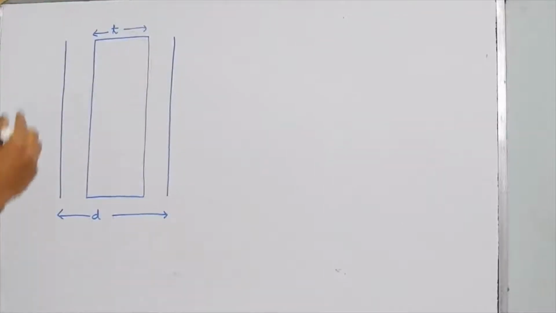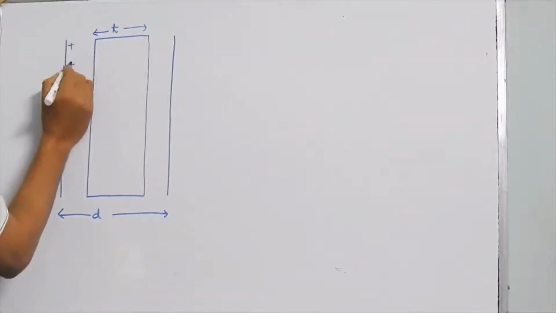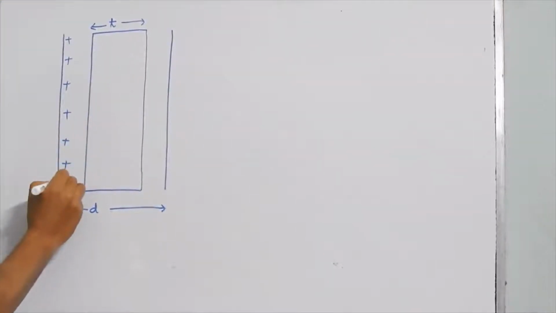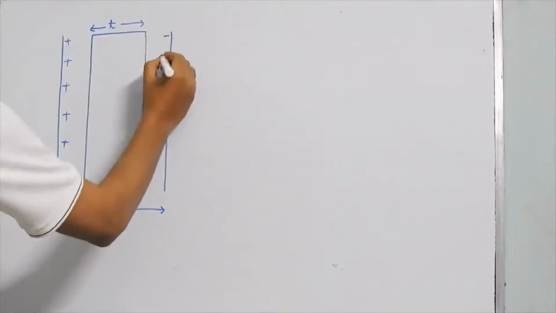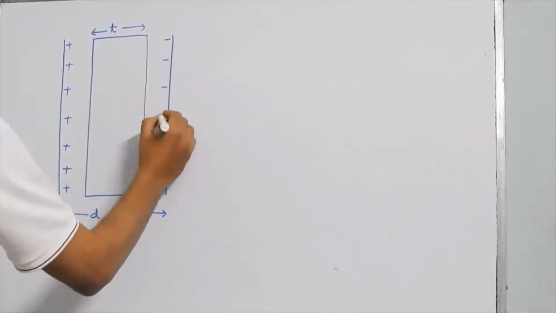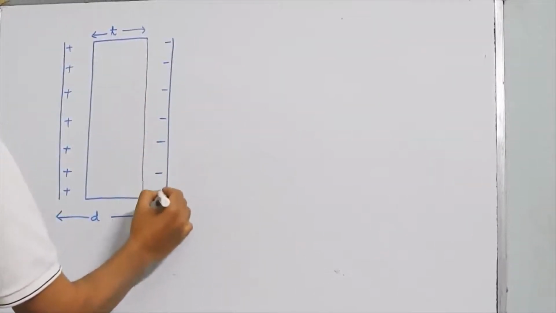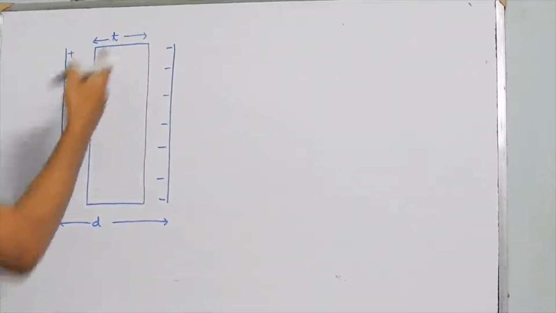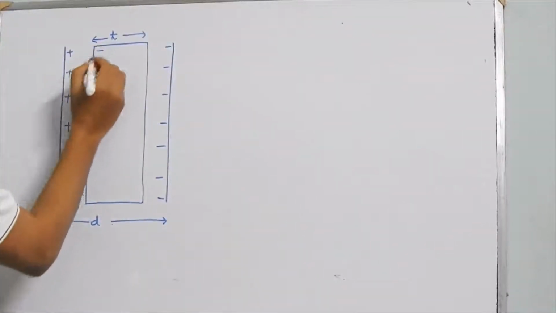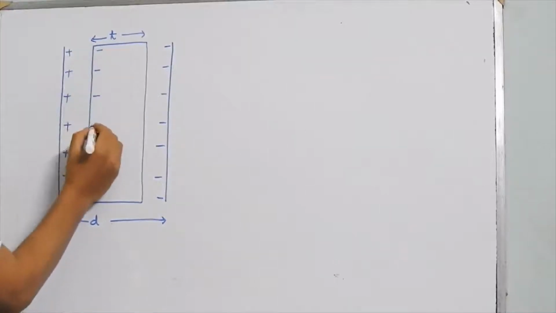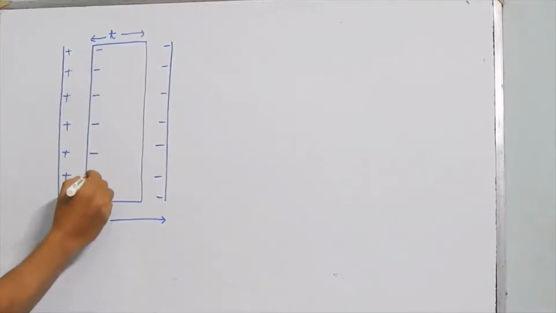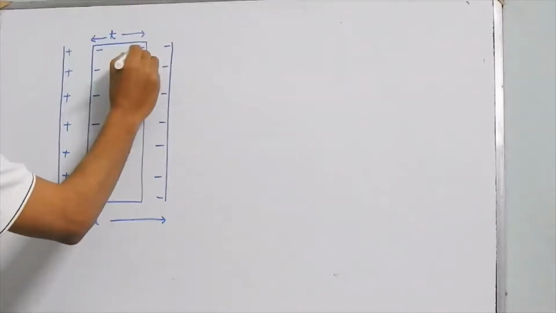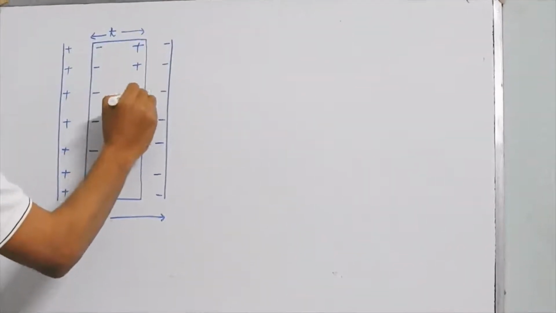The plates were initially charged. Suppose this is the positive plate and this is the negative plate. Surface charges are induced on the dielectric. The induced charges will create a field that will oppose the original field that we have already discussed.